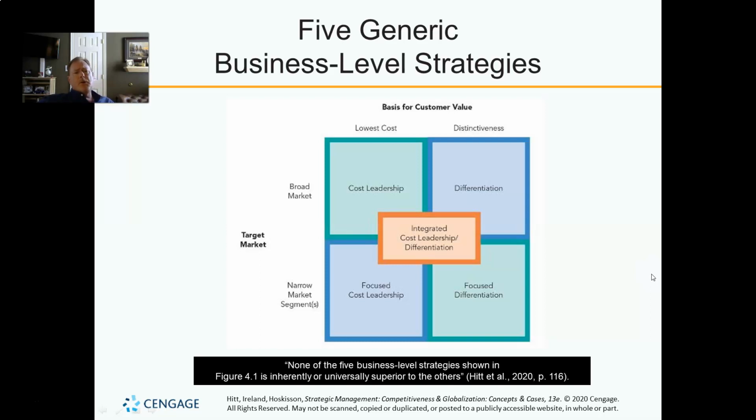Okay, so cost leadership is on the low end of the strategic continuum. A lot of people love cost leadership because it's so easy to understand, but it's not quite so easy to implement. Because it's on the low end of the spectrum, we're going to be selling products for a lower than average price, not necessarily the cheapest in the market, but a lower than average price.